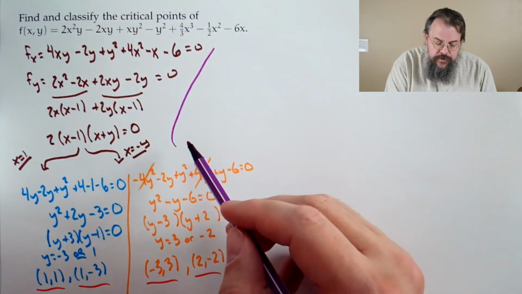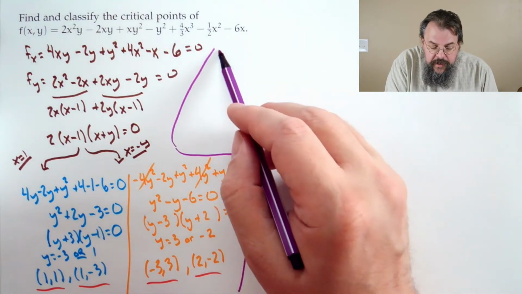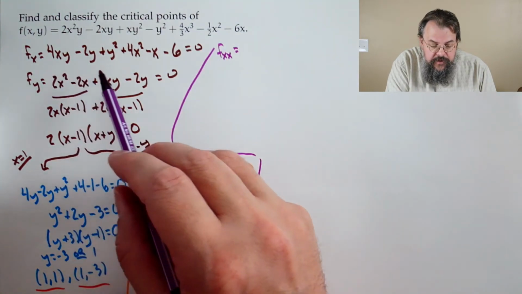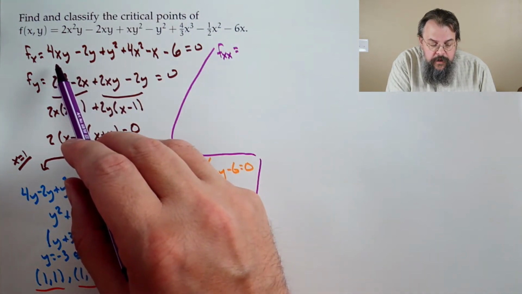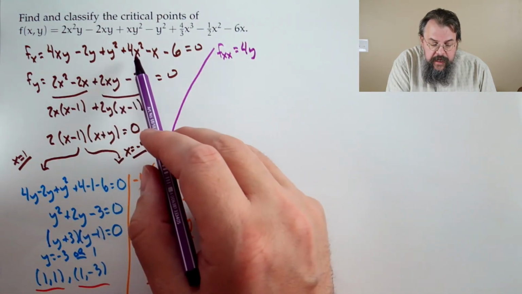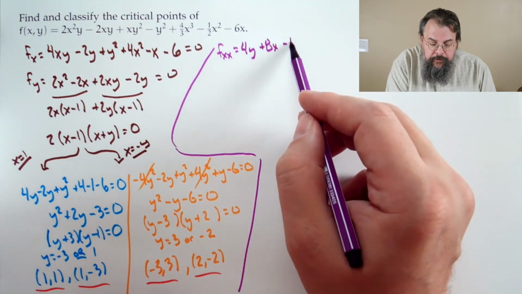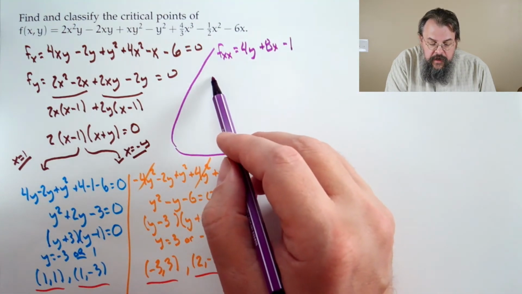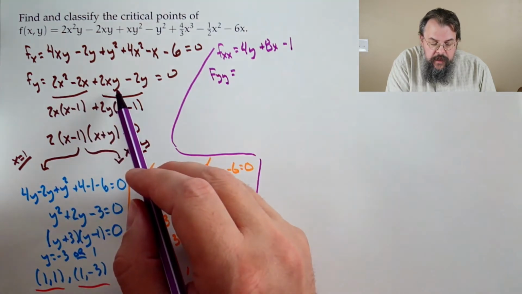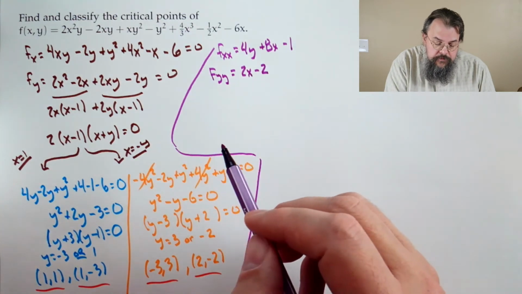So, we'll block that off. And we have to write down our fxx. Okay, there's going to be a lot of stuff still, right? There's a 4y and nothing, 8x and minus 1. Our fyy, okay, nothing, that'll be a 2x and a minus 2.